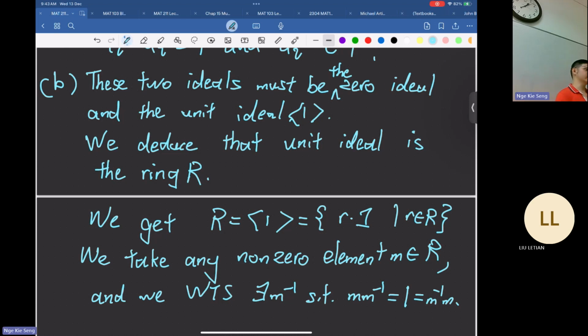We want to show that there is an inverse. How to find the inverse?